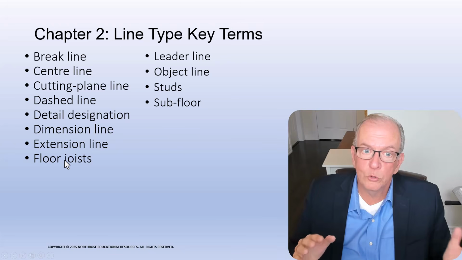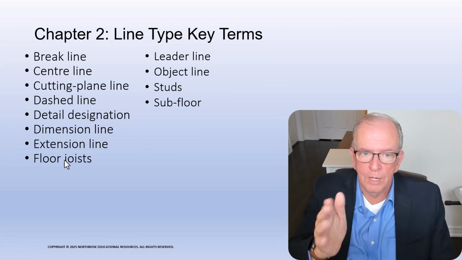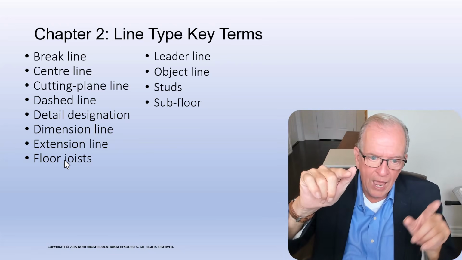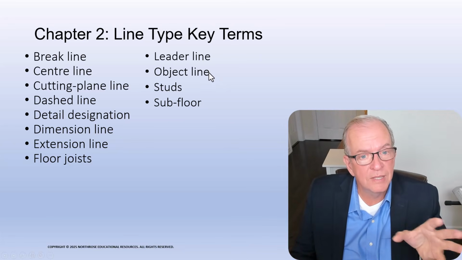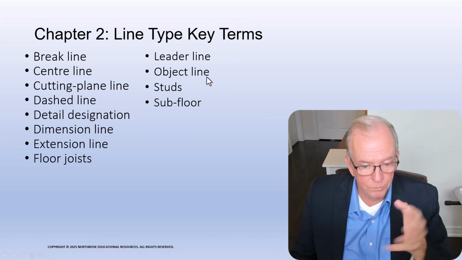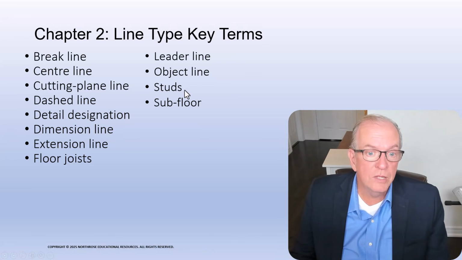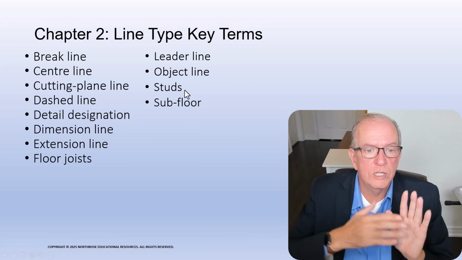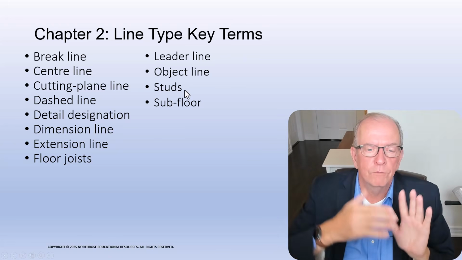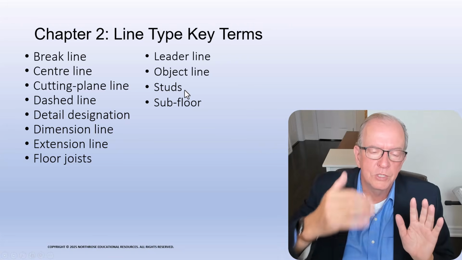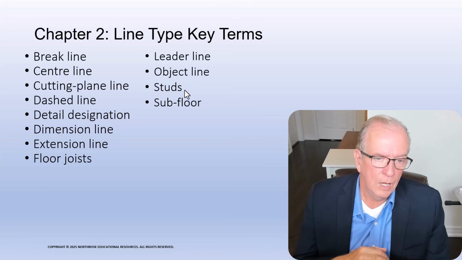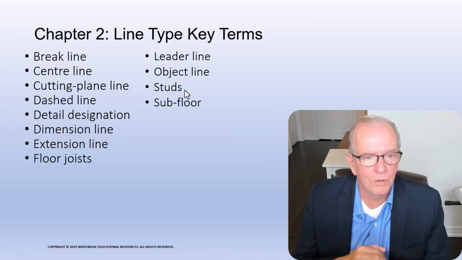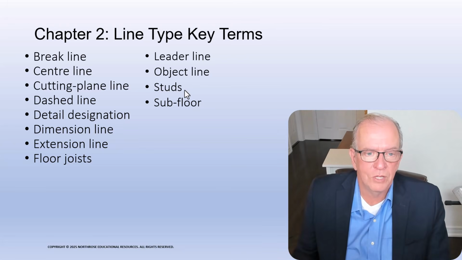Floor joist and floor joist direction, there's that symbol with one half of an arrow and the other half of an arrow. Leader line is just pointing at something, saying this is this. Object line, this is part of the structure. Studs, well, I talked about joist spacing and stud spacing: 12-inch, 16-inch, 24-inch, very common spacings, or in metric, 300, 400, 600, but we still typically lay them out at 12, 16, and 24 because our sheet goods come to that.